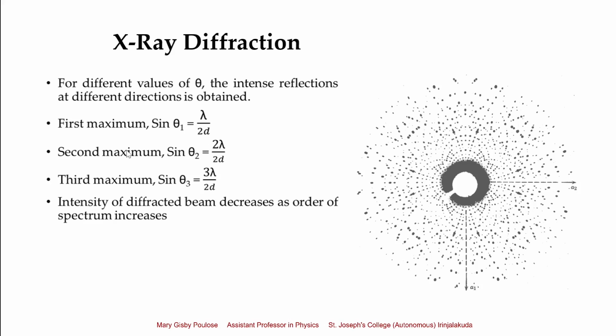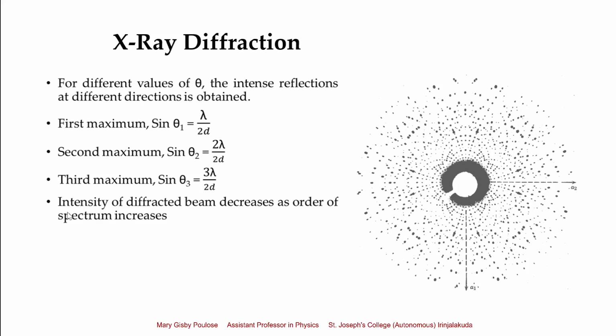For the second maximum, sine theta 2 is equal to 2 lambda by 2d. Again, the third maximum is obtained at sine theta 3 equal to 3 lambda divided by 2d. Hence, we get different diffraction beams or spots depending upon the integral value of n.